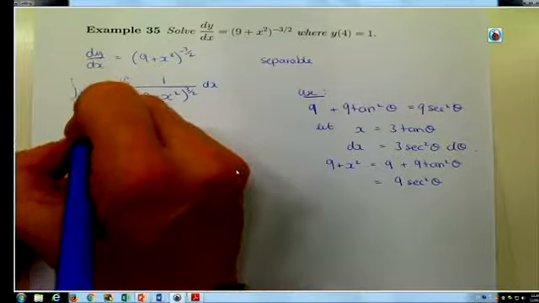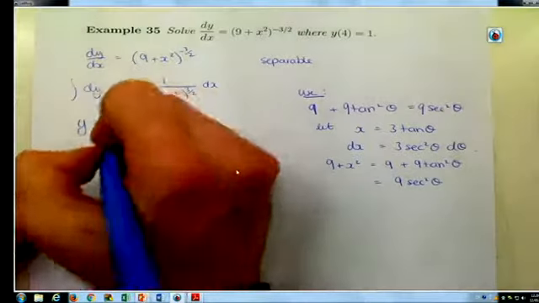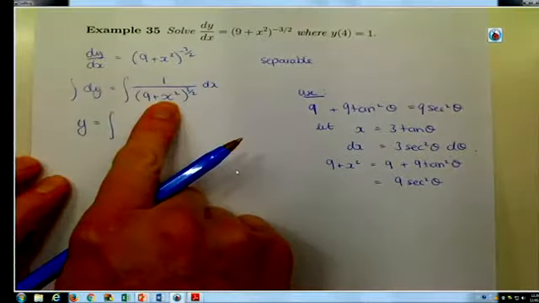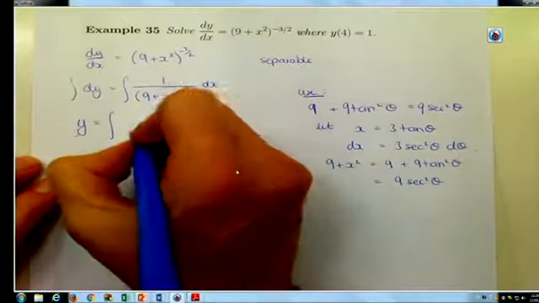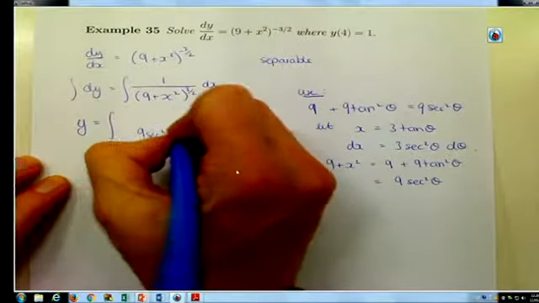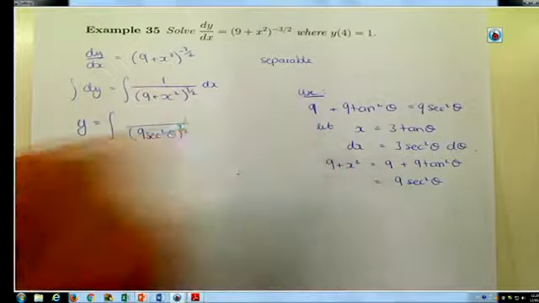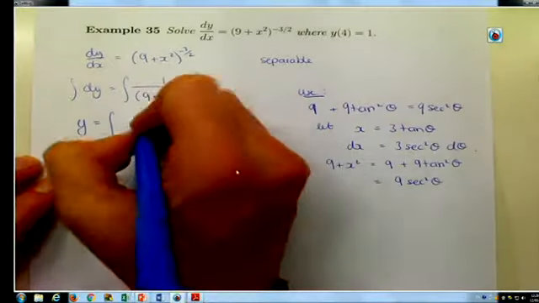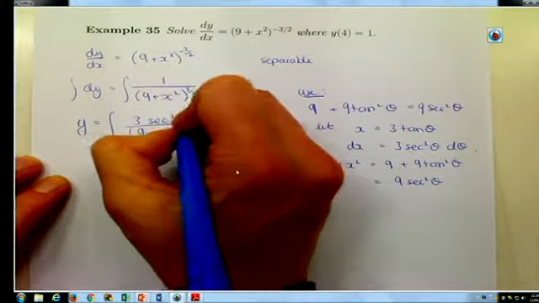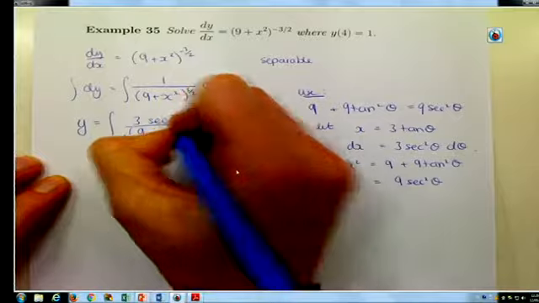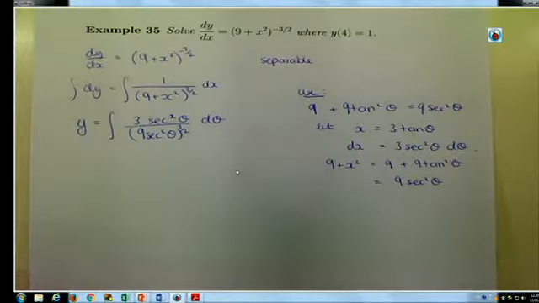So y equals the integral of 9 plus x squared replaced with 9 sec squared theta to the 3 halves, and dx gets replaced with 3 sec squared theta d theta.